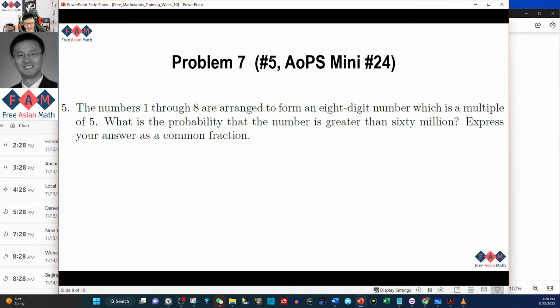You just need to understand how to translate the problem as it's asked to the real mathematical statement. Essentially, what is the probability that the first digit is one of 6, 7, 8? One of those 3. Of course, probability 3 over 7.